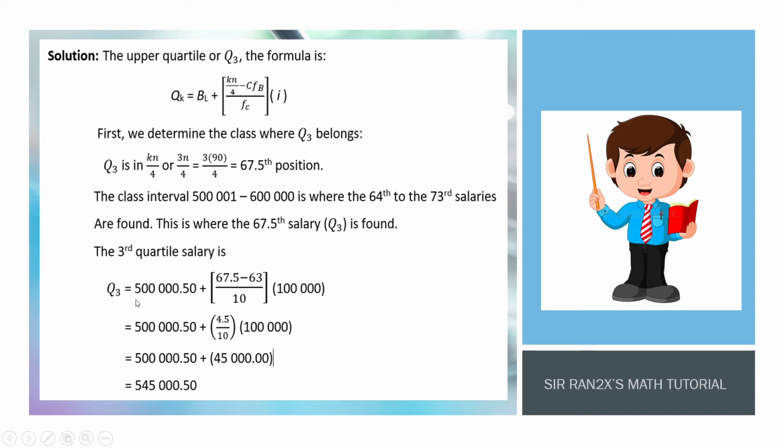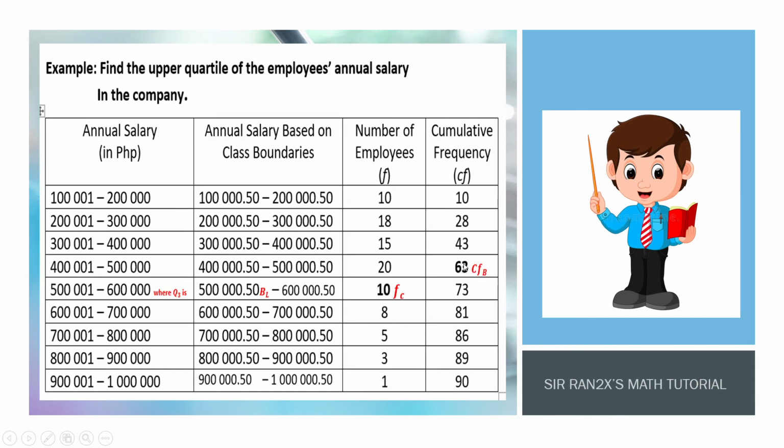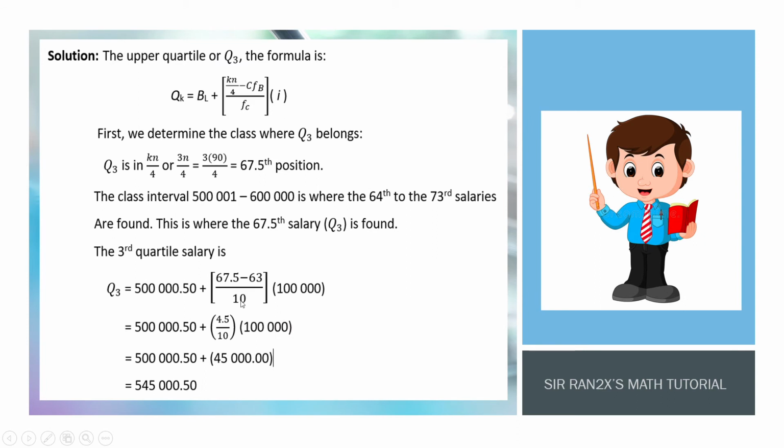Going back to the formula, B sub L is 500,000.50 plus kn over 4, which is already solved, that is 67.5, minus 63, the cumulative frequency of the class that precedes the class where Q3 is found, over 10.